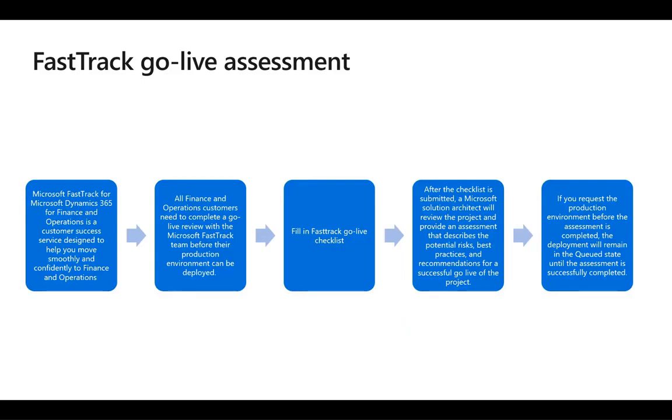After the checklist is submitted, a Microsoft solution architect will review the project and provide an assessment that describes the potential risks, best practices, and recommendations for successful go-live of the project. In some cases, the solution architect might highlight risk factors and ask for a mitigation plan.